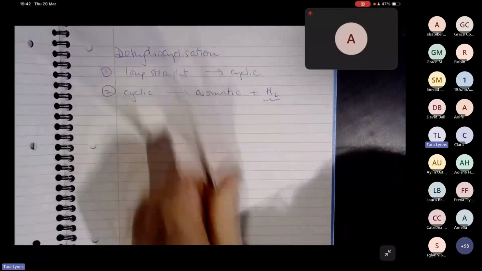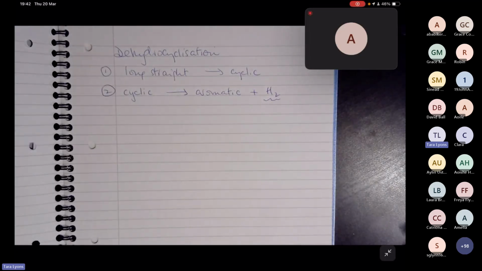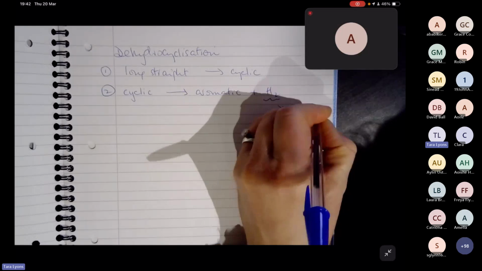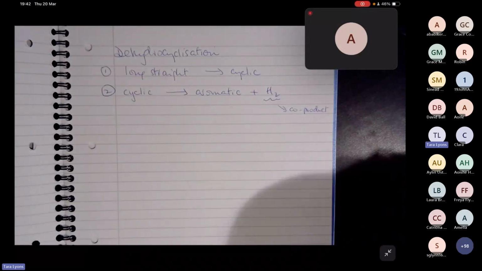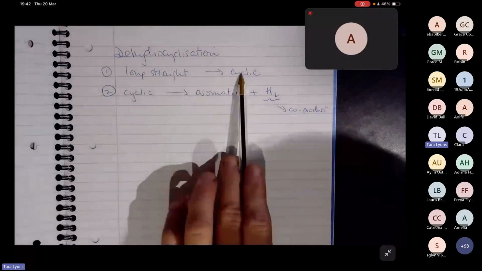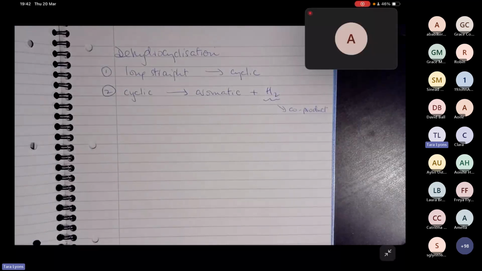So you've increased the octane number because you now have something aromatic, and that doesn't cause autoignition. And you have a co-product, which is itself a fuel. So you've got an added bonus in dehydrocyclization. So you're going from long to cyclic, and then from cyclic to aromatic plus hydrogen. They're the two features of dehydrocyclization.